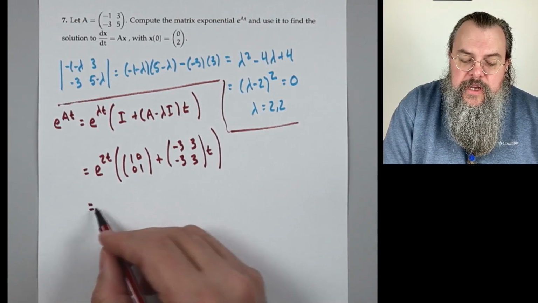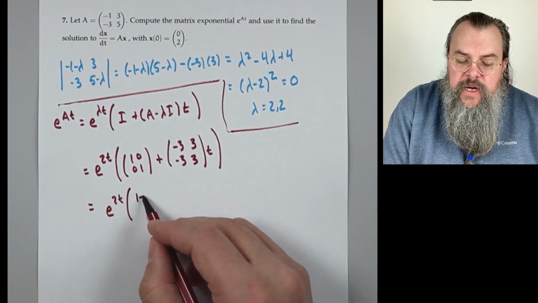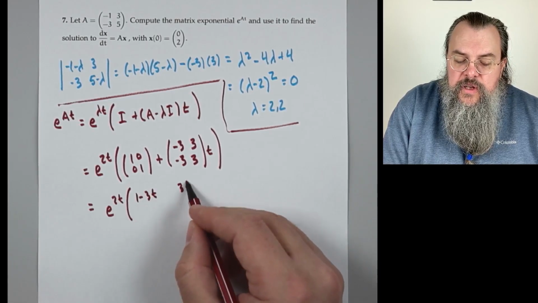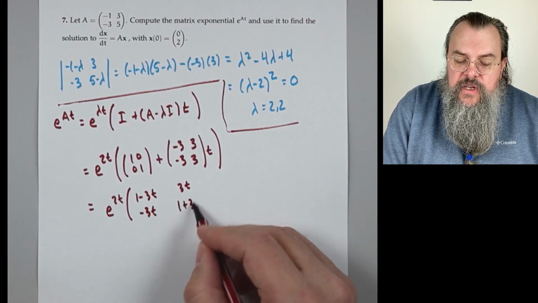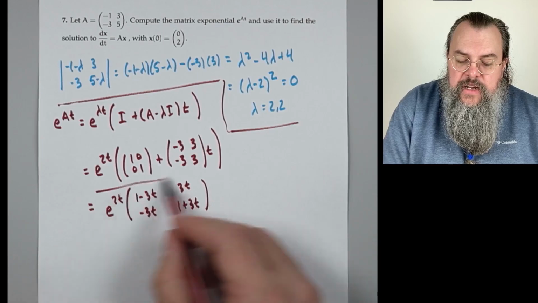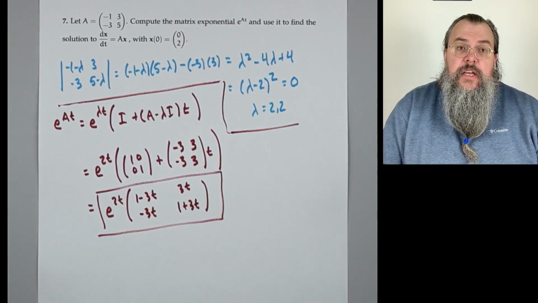Or, if you like, that's e to the 2t, and we'll write this as 1 minus 3t, 3t, minus 3t, 1 plus 3t. Okay, so that's part of our answer, right? Because it says find e to the At.